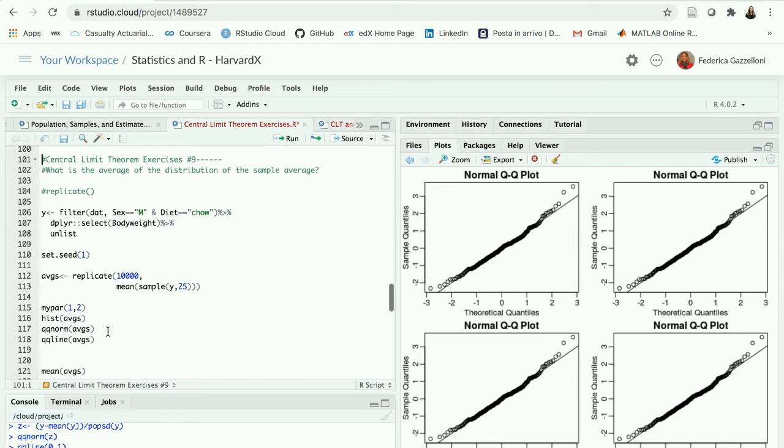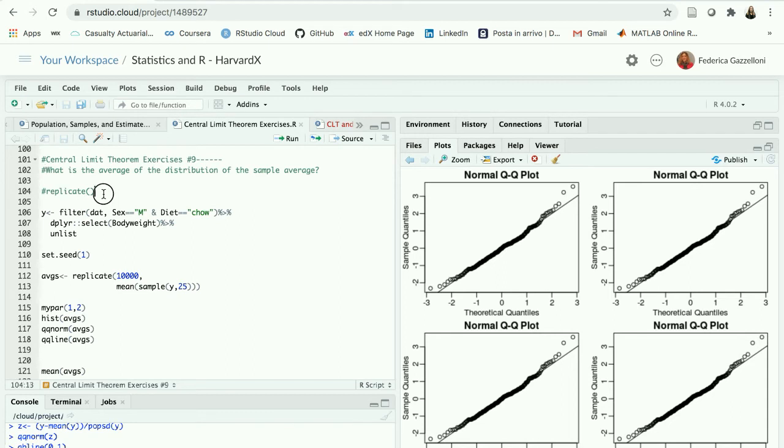To see this more specifically, we can do a replication of our sample, made randomly, and answering the question, what is the average of the distribution of the sample average?